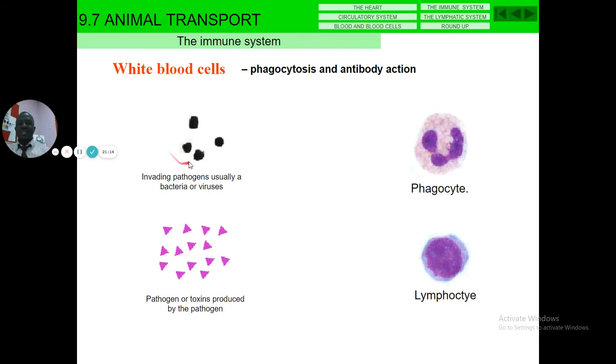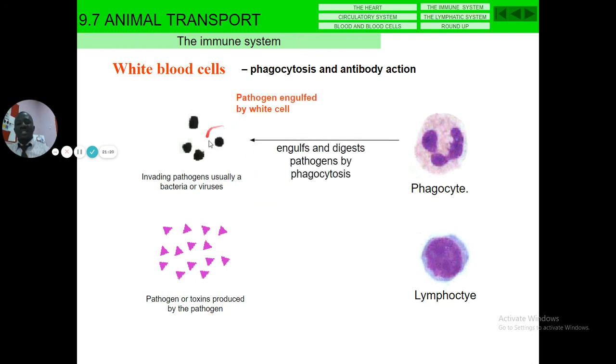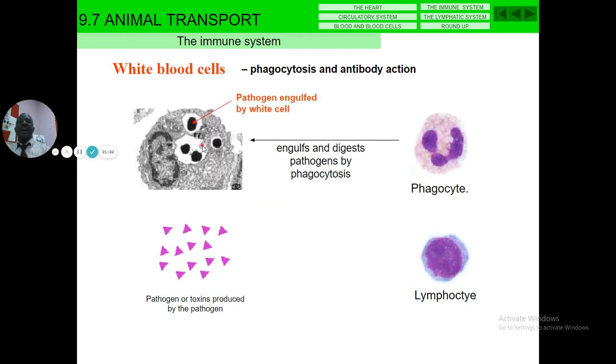Now this white blood cell encounters this and then engulfs and digests the pathogen by phagocytosis. So the pathogen is engulfed by the white blood cell, so it has fed on it. White blood cells feeding on these pathogens is one of the best ways of protecting the body against them.